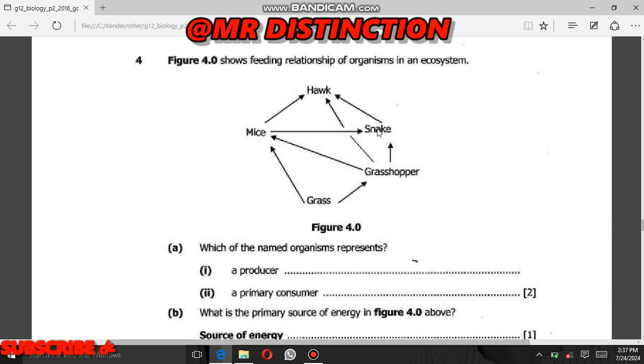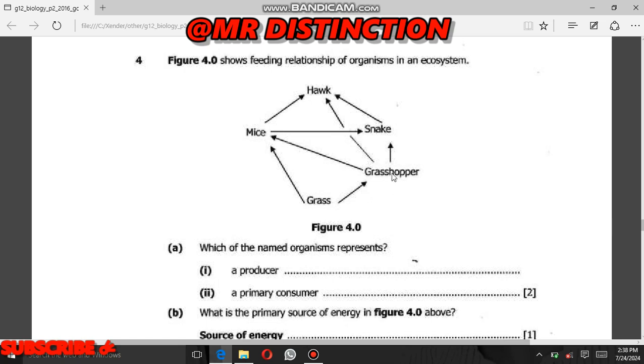In this case, snake is qualified to be called a secondary consumer because snake is feeding on this grasshopper, which is a primary consumer. Besides being qualified to be called a secondary consumer, it is also qualified to be called a tertiary consumer. Why? Because tertiary consumers are organisms which feed on secondary consumers.